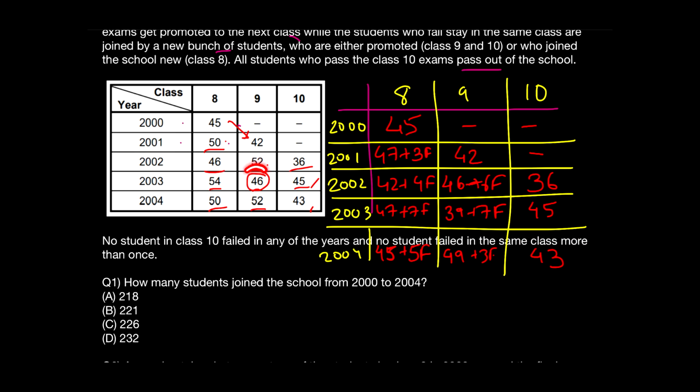So 43 passed from 46 gives me 3 failed, and the number is 52, so remaining 49 are the new joinees. Now out of the new joinees 49, from 54 the remaining is 5, and this is 50, so this is 45 new joinees. That's the entire table I repeated right in front of you.